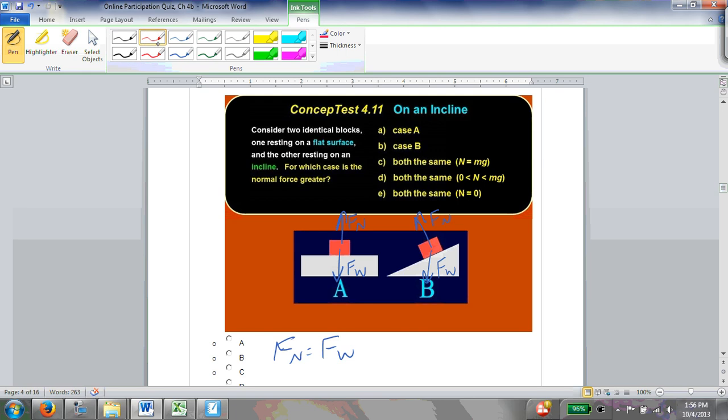So I can break my weight into components, the y component of the weight and the x component of the weight, as we did just a couple of questions ago. And then we can show that the normal force is equal to just the y component of the weight, which is going to be smaller than this value. So if I want to know the larger normal force, it's going to be A.